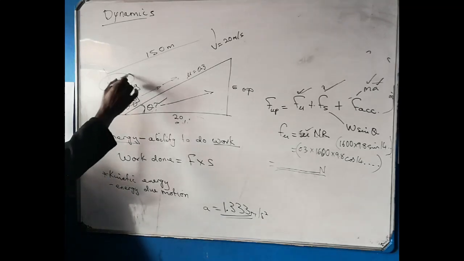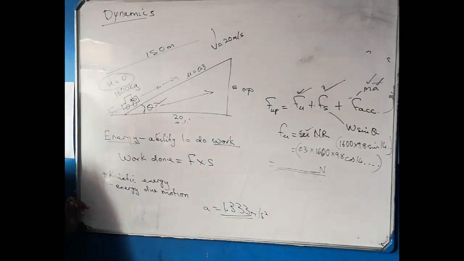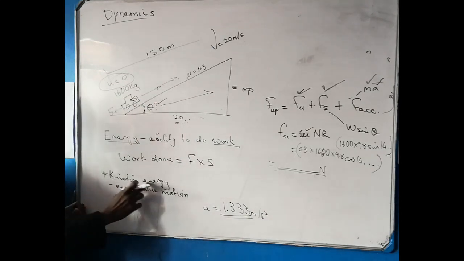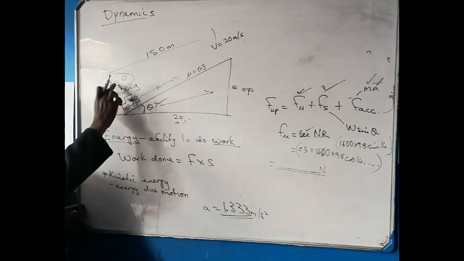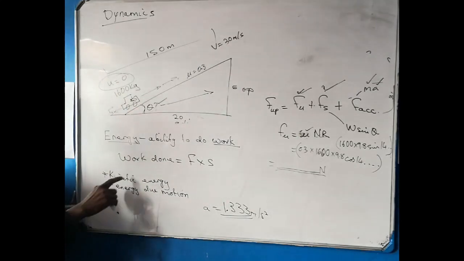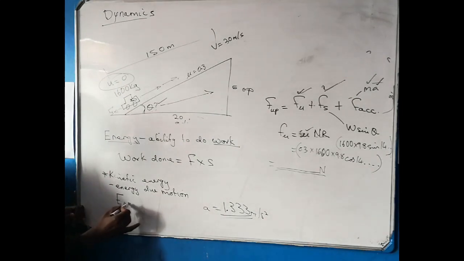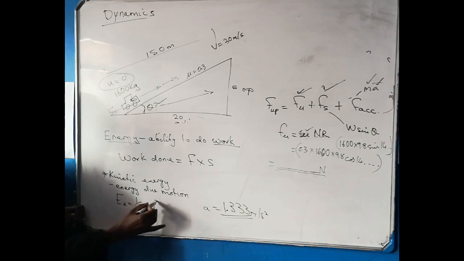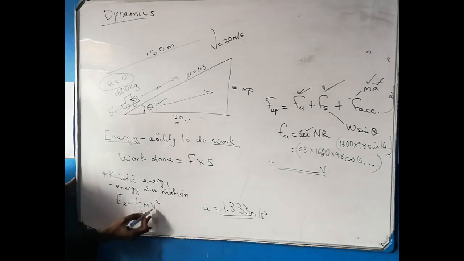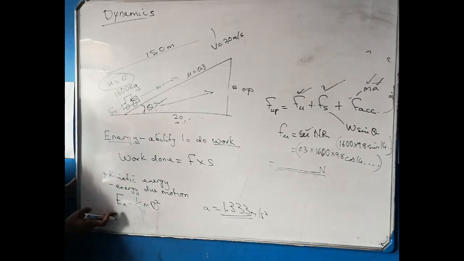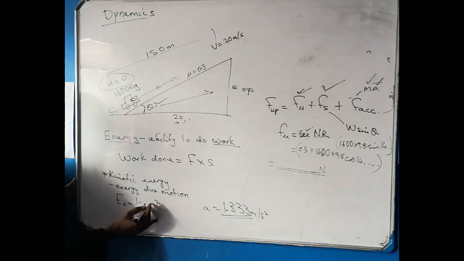If this vehicle was at 0, there is no kinetic energy. When it starts moving, there is kinetic energy. As this vehicle moves from 0 up to 20, the kinetic energy is increasing. Kinetic energy is half the mass times the velocity squared. If this was 0, then everything will be 0. There is no energy there.